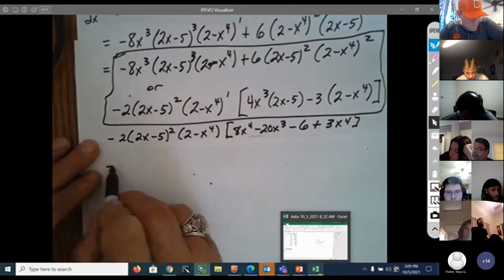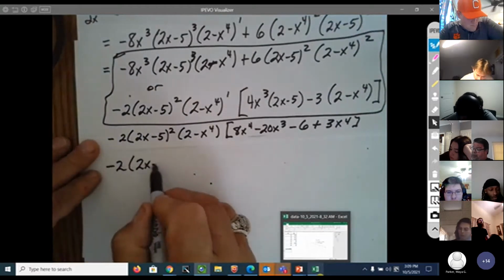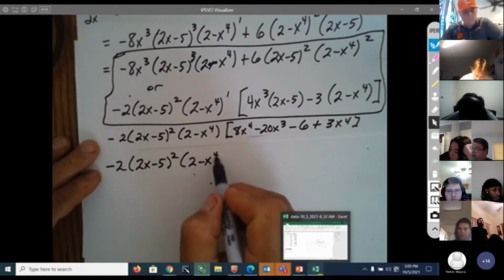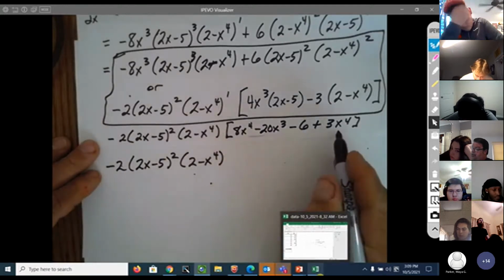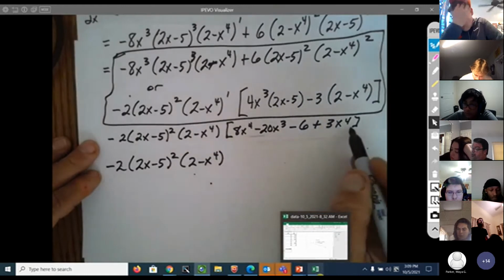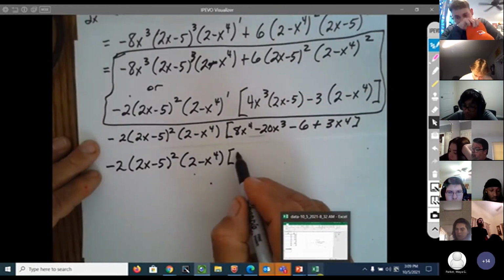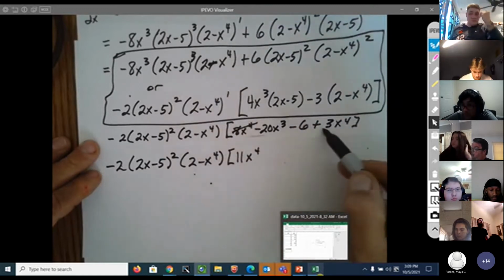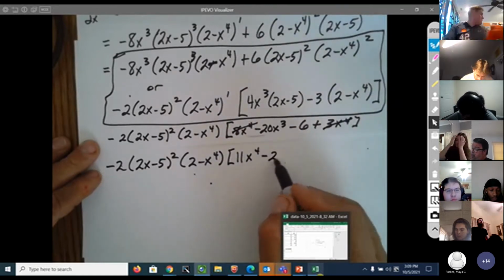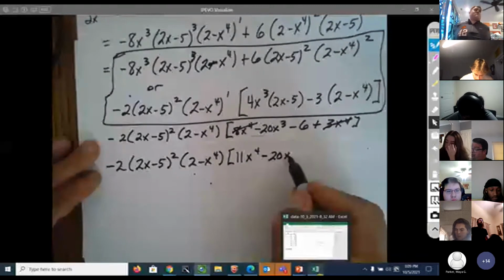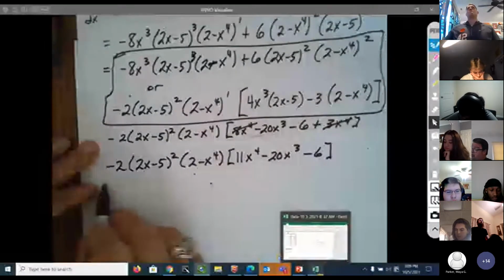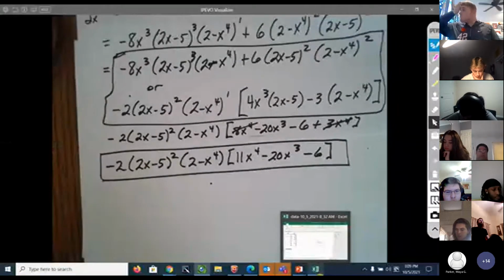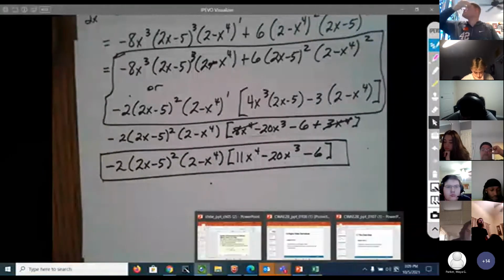And that's going to be negative 2 times 2x minus 5 squared times 2 minus x to the 4th, 8x plus 3x to the 4th. 8x to the 4th plus 3x to the 4th is 11x to the 4th. That's gone. Minus 20x to the 3rd minus 6. And that should be what they got.